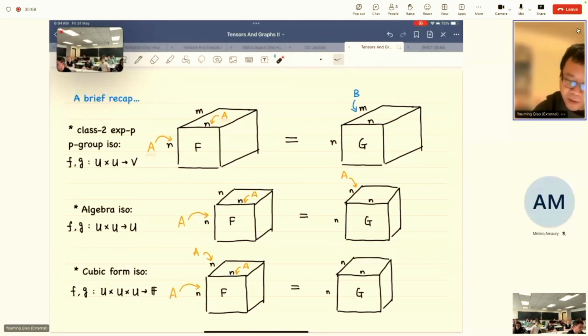Like you have A acting on these two sides, B acting on this side, or you have the same A acting on three sides, but two of them acting on F, one of them acting on G, or three of the A's will act on F.